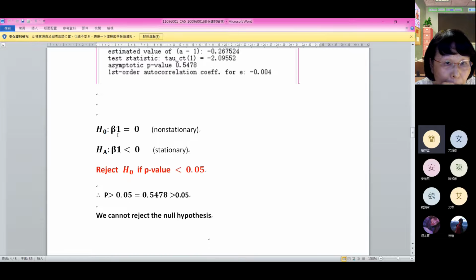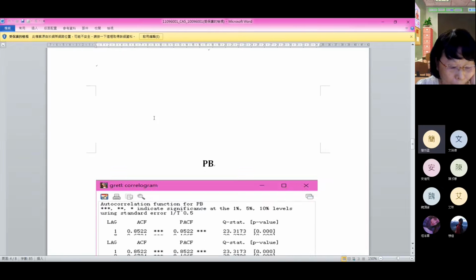We cannot reject the null hypothesis, so we know that PC is non-stationary.